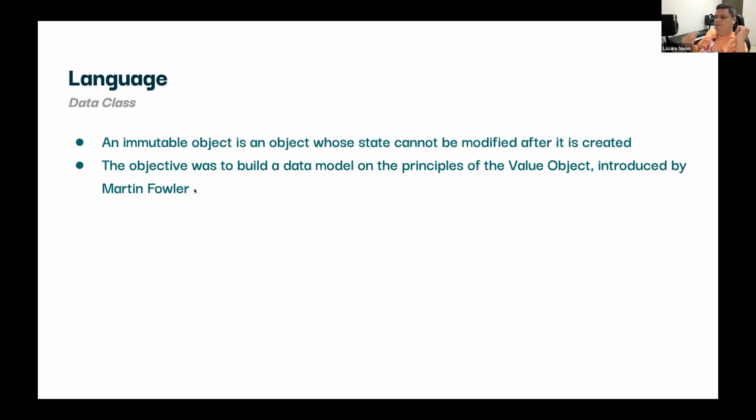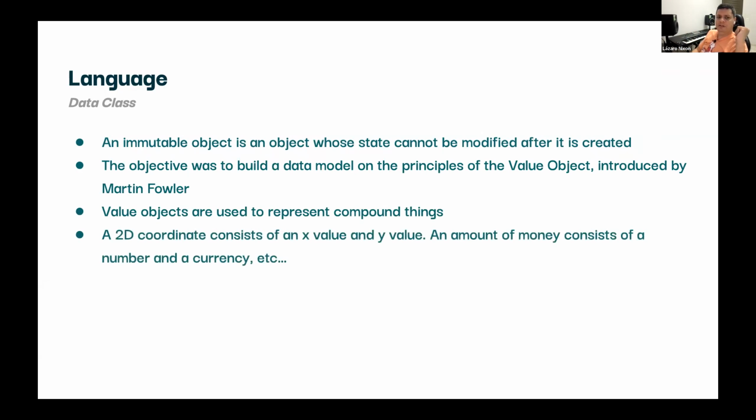The value object is the concept of when you want to represent compound things. For example, 2D coordinates, where you'll have an X value and a Y value, or you want to represent money that consists of a number and the currency symbol. So you usually use the value object.